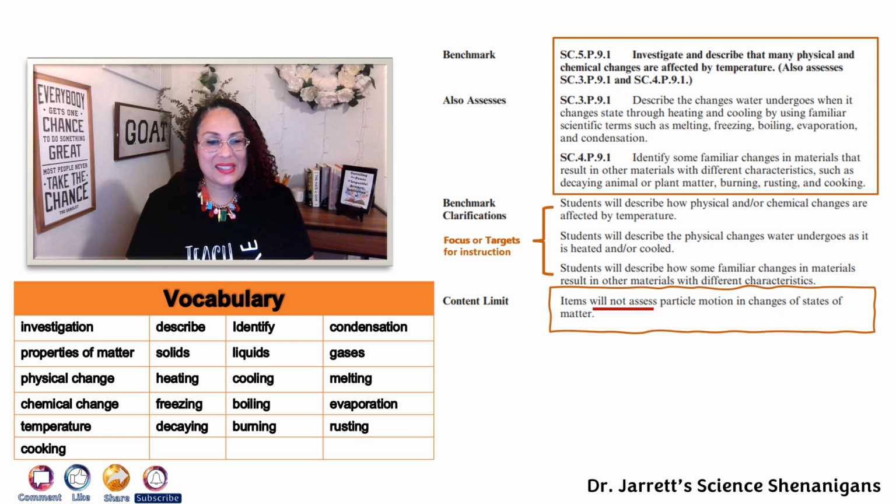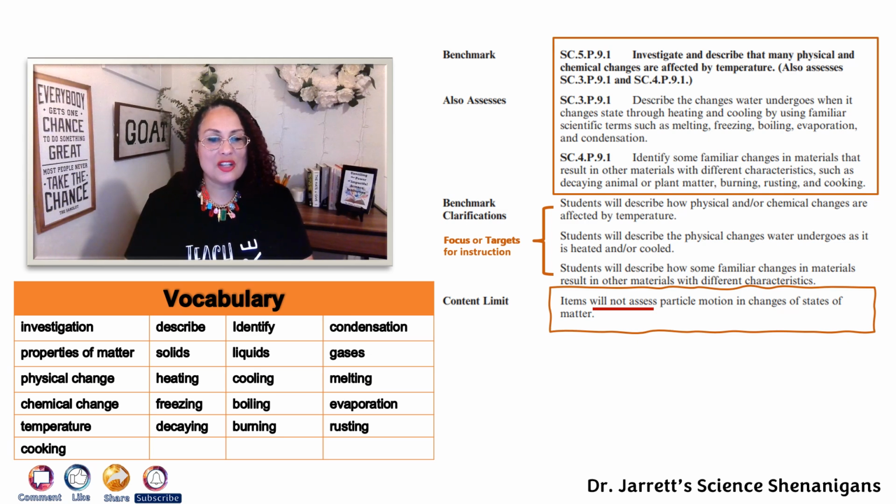So I hope this has helped with physical and chemical changes, and also 3P9.1, describe the changes that water undergoes when it is changed through states. So solids, liquids, gases, which is the melting, the freezing, the boiling, evaporation, and condensation. And the 4P9.1, which really deals with our chemical changes more.